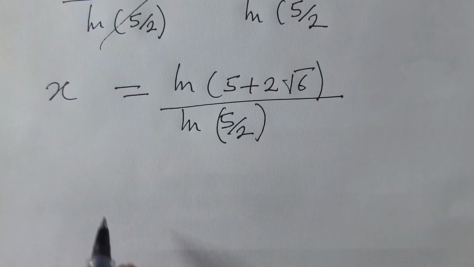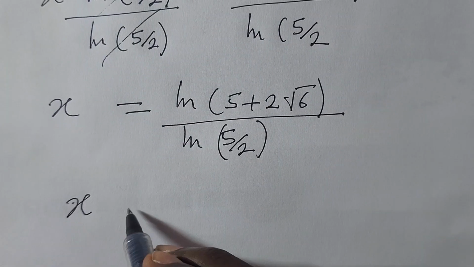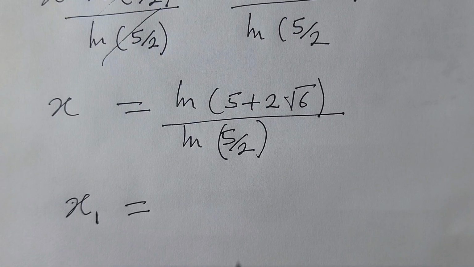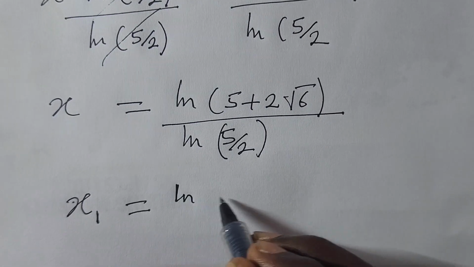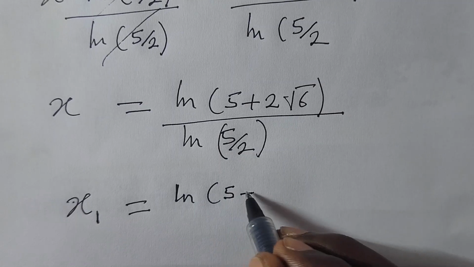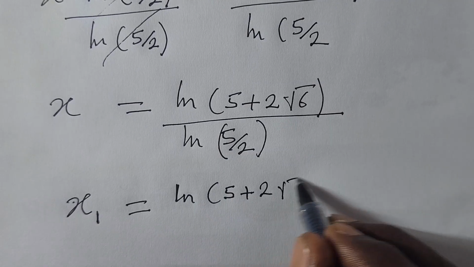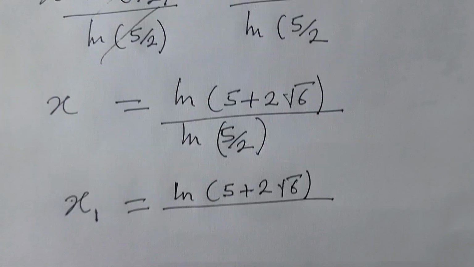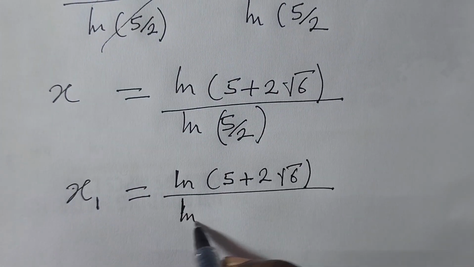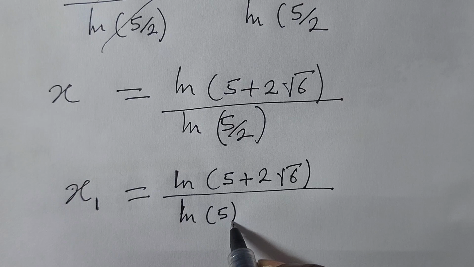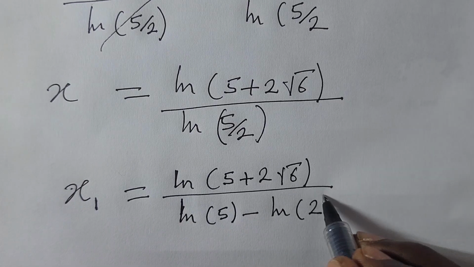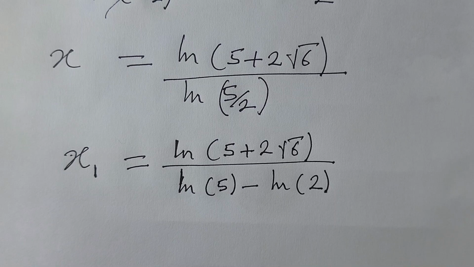So rewriting this, x1 is equal to the ln of bracket open 5 plus 2 square root of 6 close bracket, all over the ln of 5 minus the ln of 2. So this is our x1.